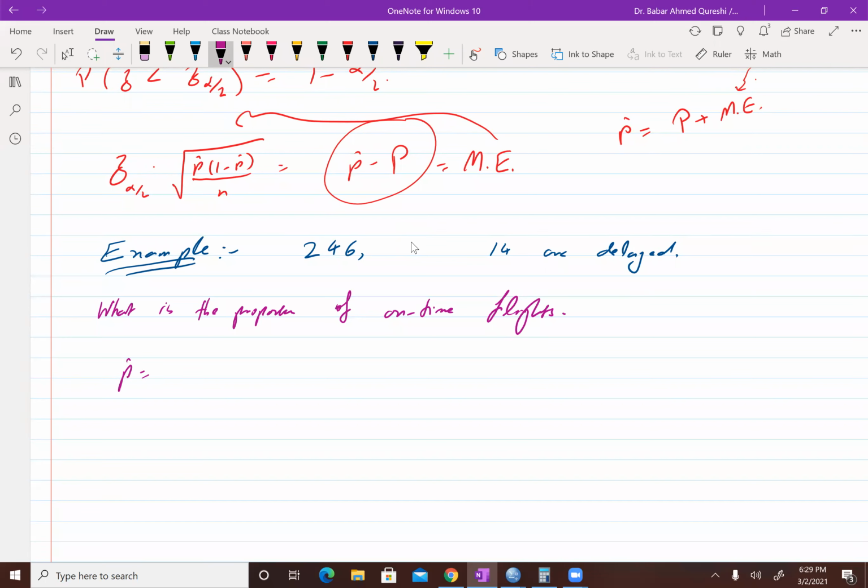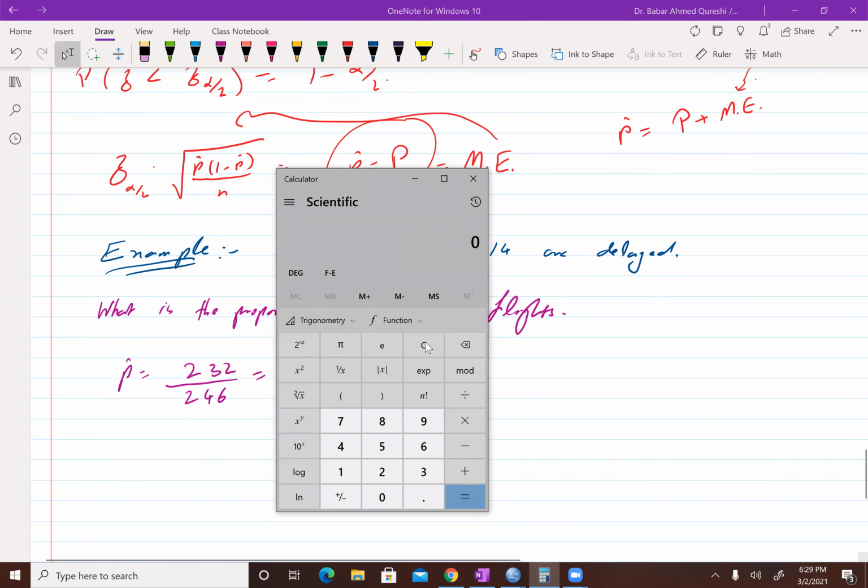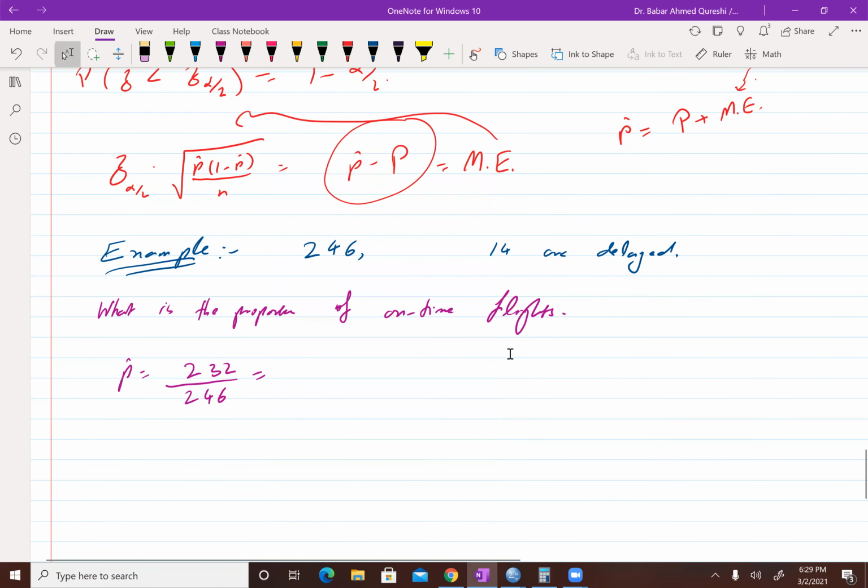So on times are 246 minus 14. So that's 232 over 246, which gives me 232 divided by 246, 0.943.